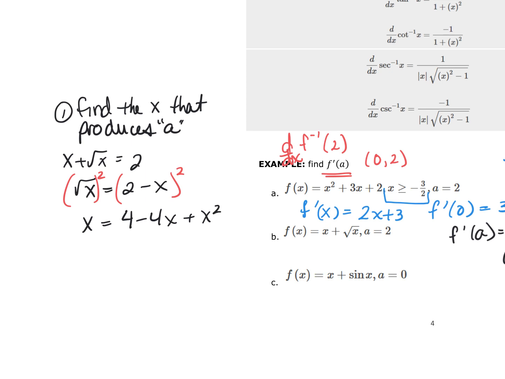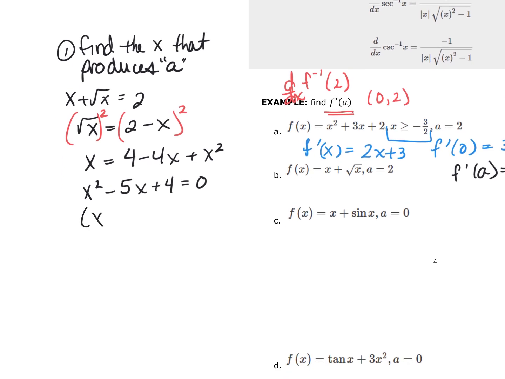I'm going to bring the x to the other side, and so I have x squared minus 4x minus, or plus 3 is equal to, wait a minute. So I was subtracting from the wrong thing. So x squared minus 5x plus 4 is equal to 0. So we know this is going to be x minus 1 times x minus 4 is equal to 0. So my choices are x is equal to 1 and x is equal to 4.